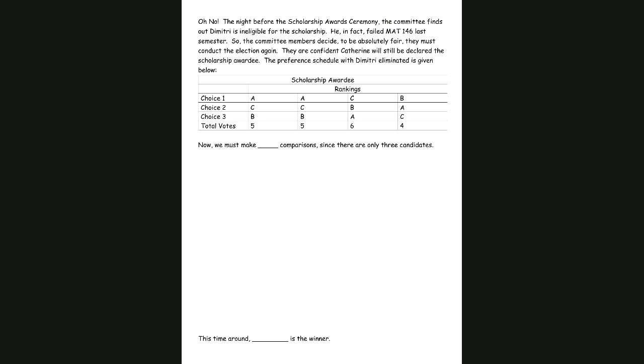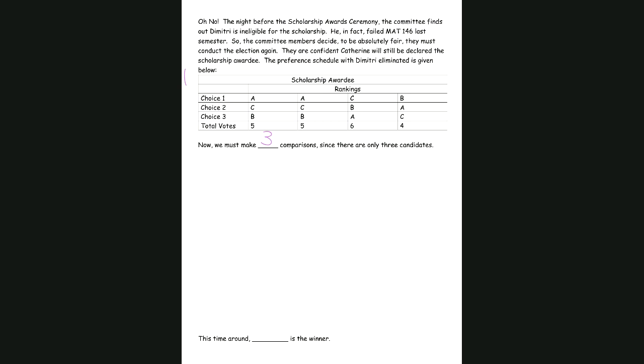So this is what we find. The preference schedule with Dimitri eliminated is given below. So here we have this preference schedule. And so now we must make just 3 comparisons, if you remember, since there are only 3 candidates. And it is going to change the order. You might not think it should because Dimitri didn't win anyway.